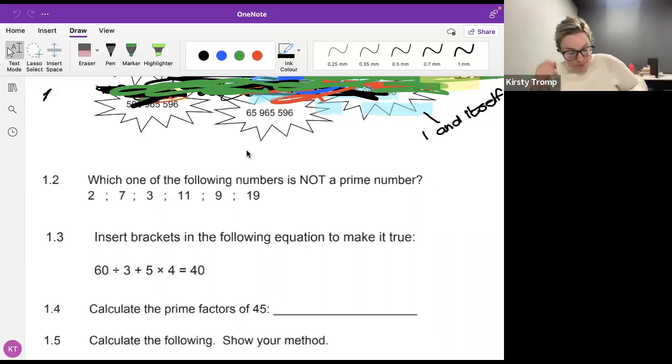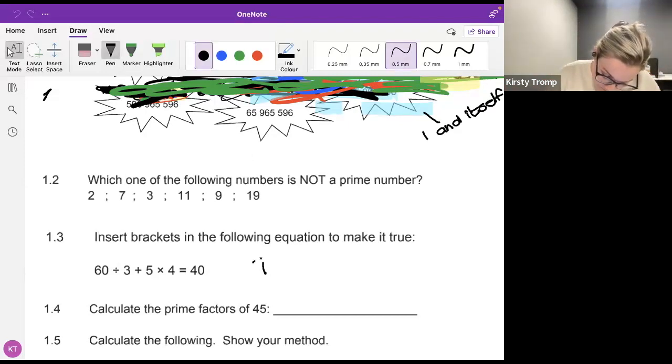All right, you're having a look at 1.3 for us. Insert brackets in the following equation to make it true. So the equation says at the moment there's no brackets. And remember, when we're looking at equations, we need to know BODMAS.